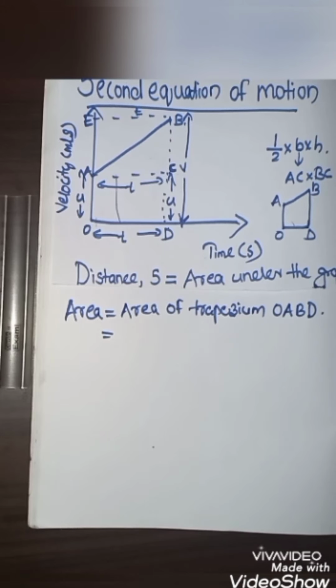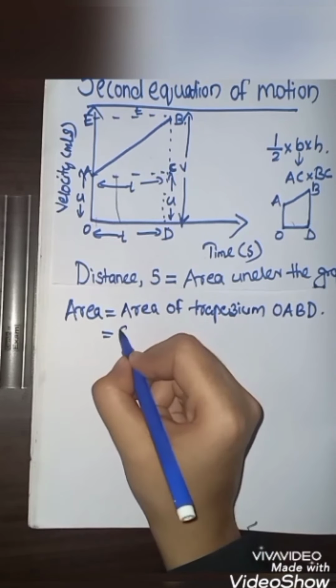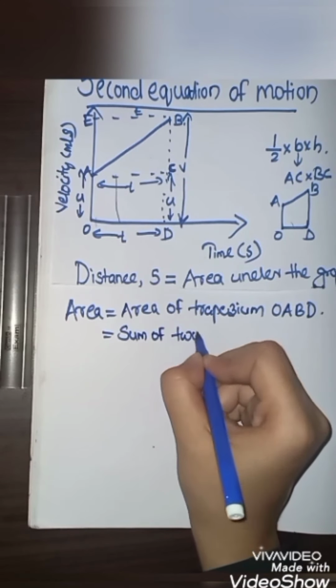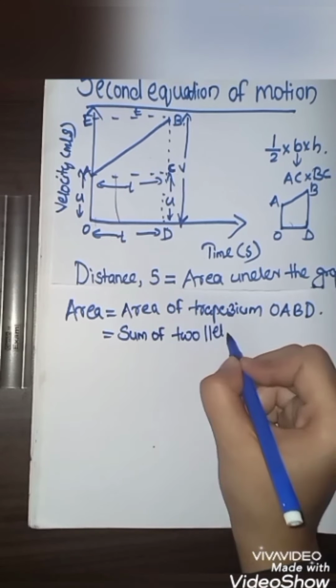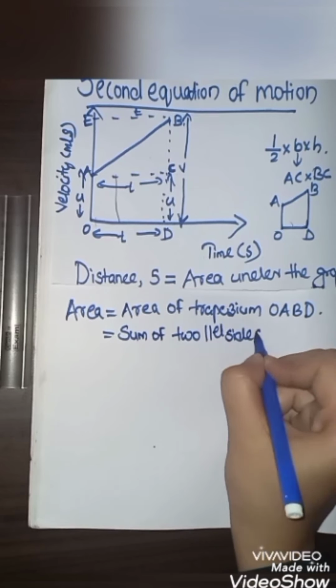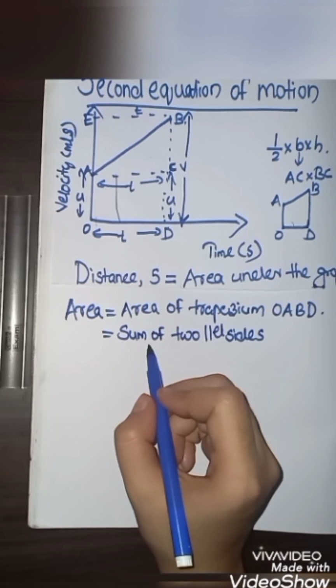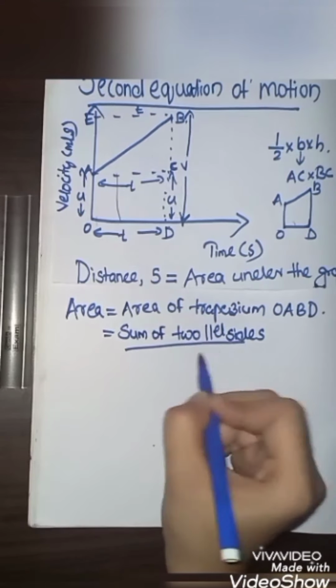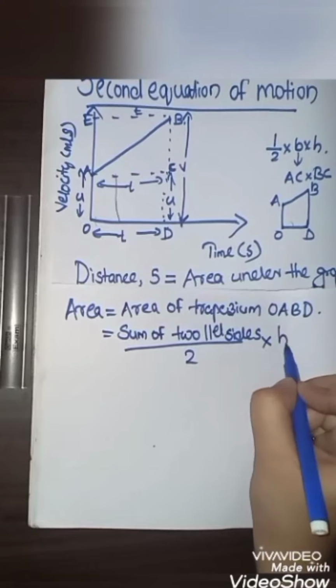Sum of two parallel sides by 2 into height. That is, sum of two parallel sides by 2 into h, where h is the height.